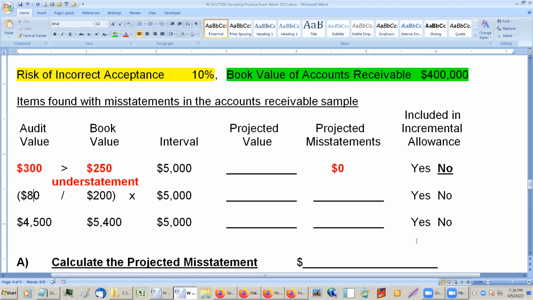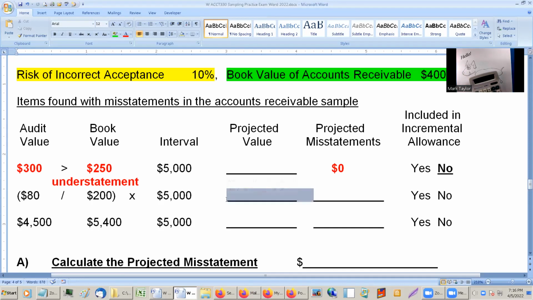Let's go ahead and do it. Okay, so 80 divided by 200 equals 0.4 times 5,000. So the projected value is 2,000 for this interval.